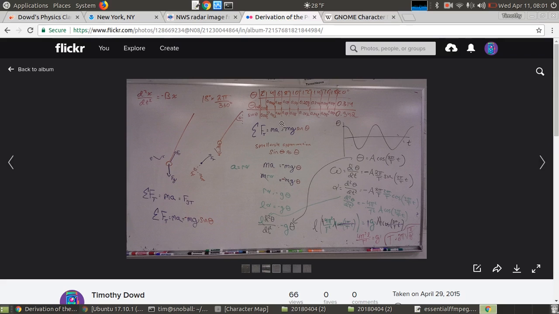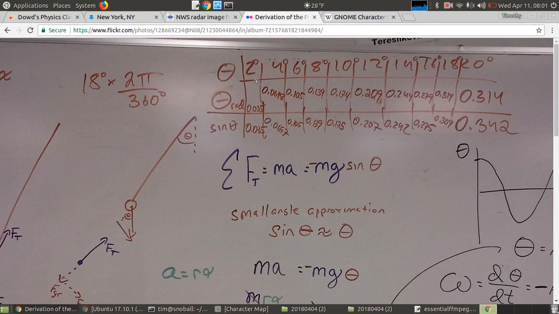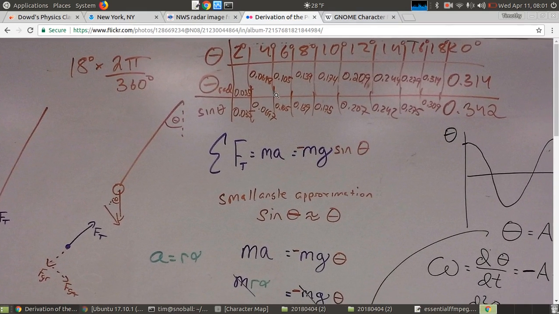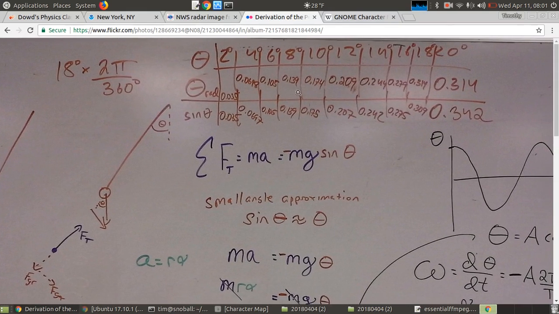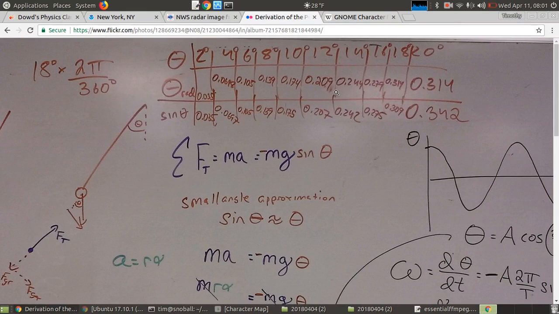I had my class at Southmore in 2015 check this, and we looked at angles from 2 to 20 degrees. We looked at their value in radians and the value of their sine, and you could see they're pretty close as long as the angle stays small.